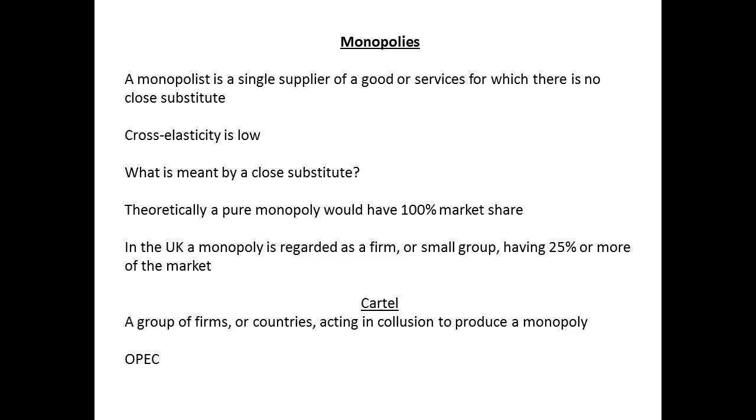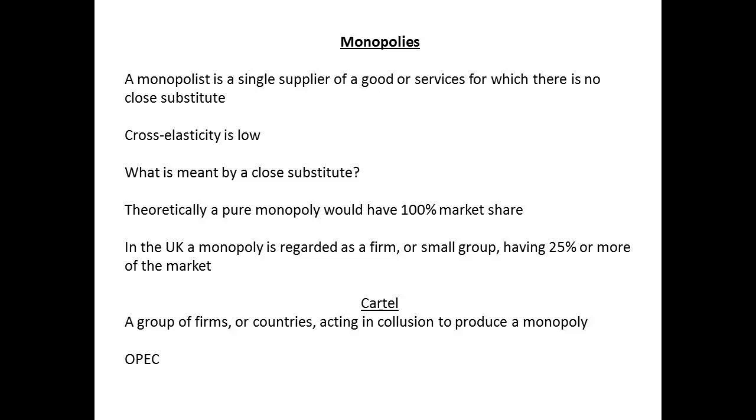Low elasticity simply means that if the price of the goods supplied by the monopoly is raised, it will have no real effect on the price of other goods. Although, in theory, a monopoly suggests that 100% of the market is supplied by one firm, this is not the case in terms of government legislation in the United Kingdom.